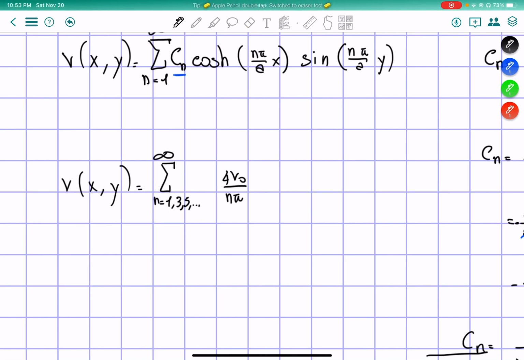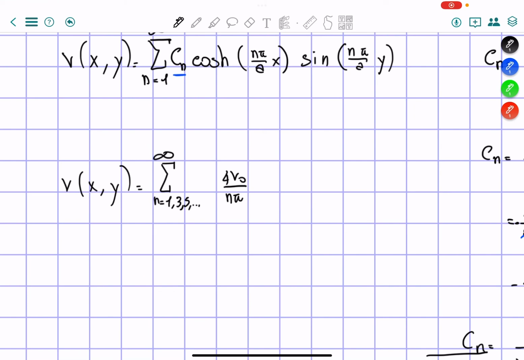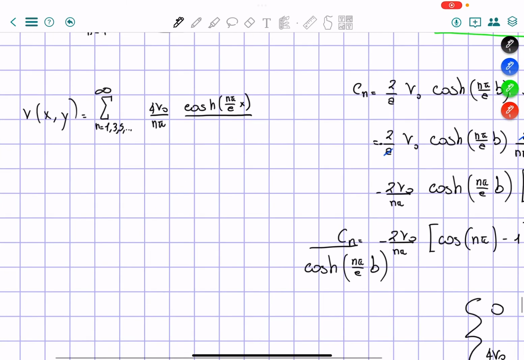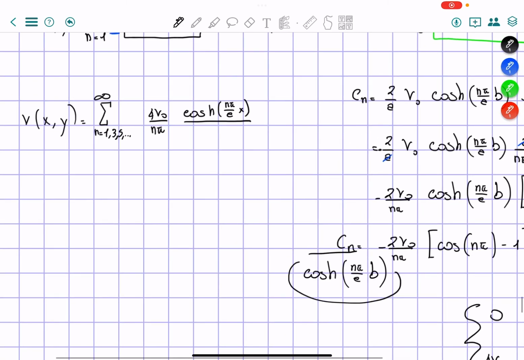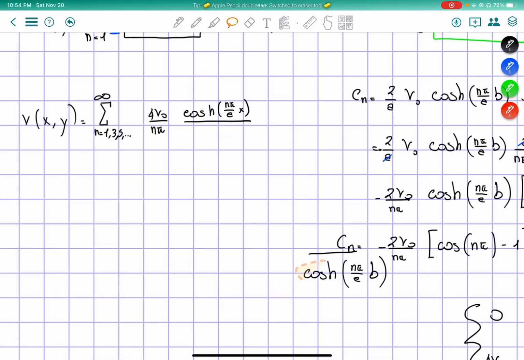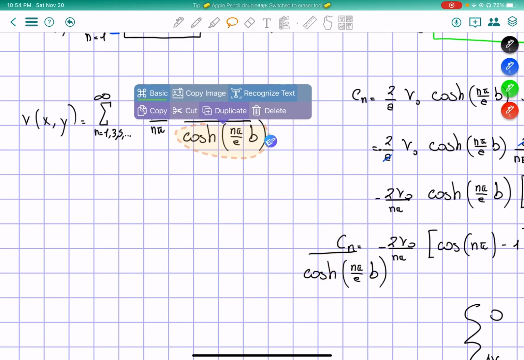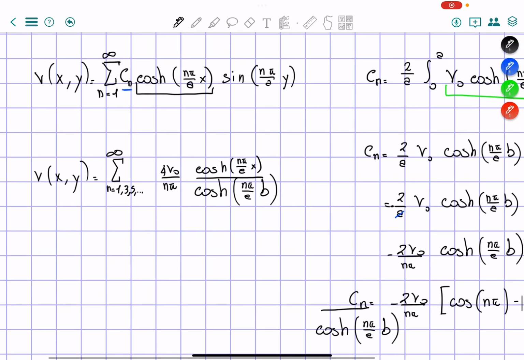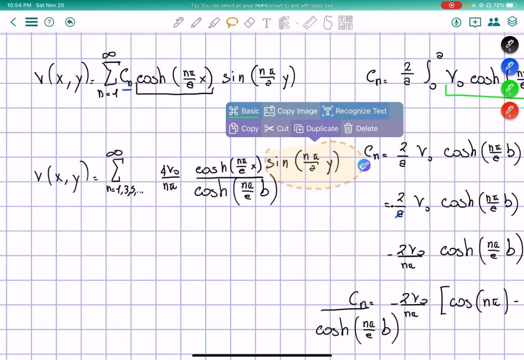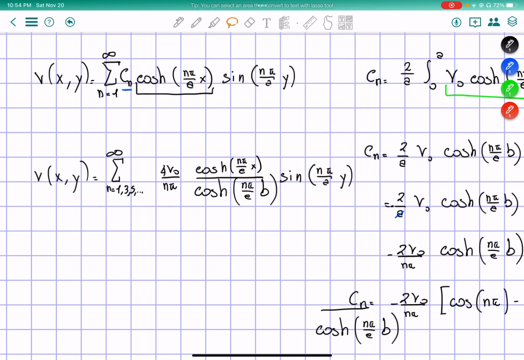So n pi times the hyperbolic cosine of n pi over a times x, over, we said, c_n divided by this part here. So we're going to divide it by the same part here, so I copy and paste it over here, times the sine that we have right here. As you can see, I just plugged in c_n.